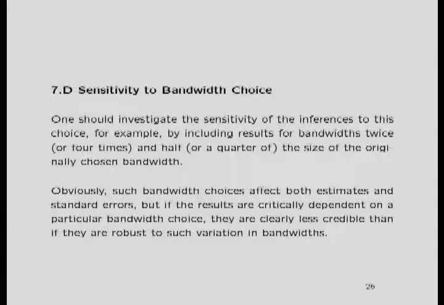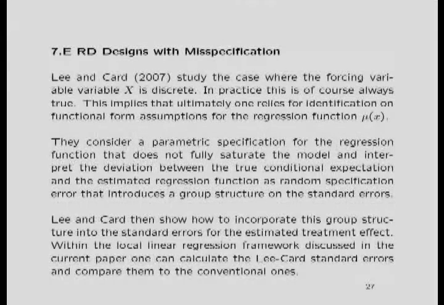Even when you choose the bandwidth optimally, you should always check how sensitive the results are to it, and just put in half or twice the original bandwidth. Last point: in practice, there are a lot of cases where the covariates are discrete, and sometimes they may be close to continuous, but in some cases they clearly are very discrete.